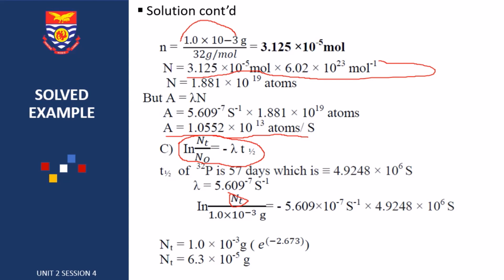We've converted it from milligram to gram, times negative 5.609 times 10 to the power negative 7 times the time, which is 4.9248 times 10 to the power 6. By simplifying it, we will get the amount of phosphorus 32 left to be 6.3 times 10 to the power negative 5 grams.